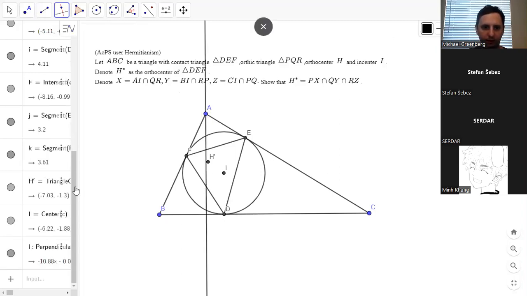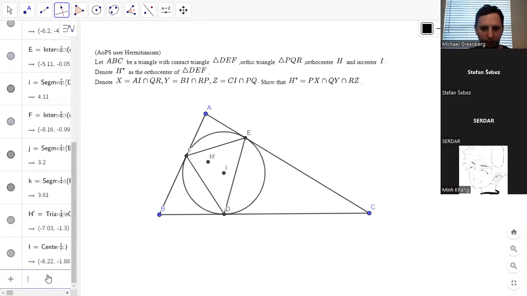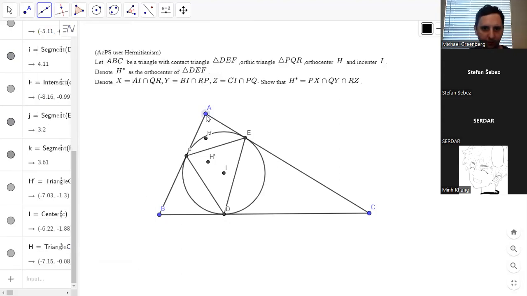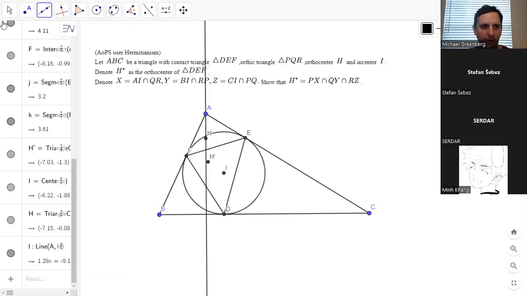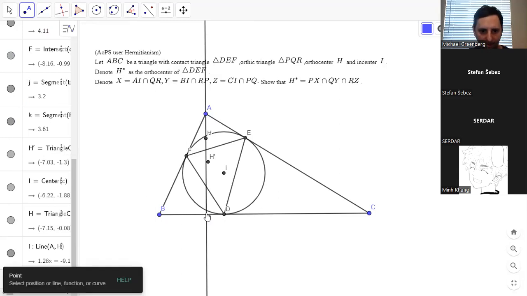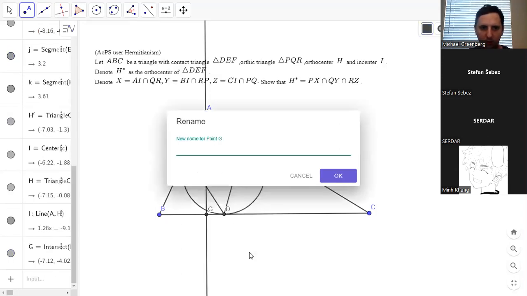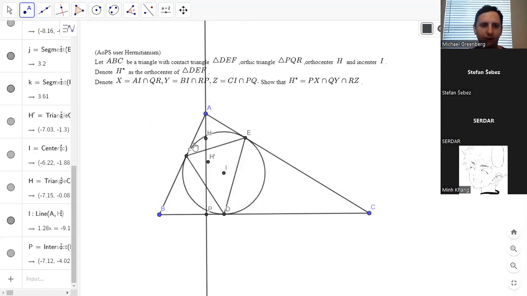Okay, yeah, let's draw the actual orthocenter. That's the actual orthocenter. So let P, okay, so this is P. And X is the intersection of, oh, we need to draw all three.